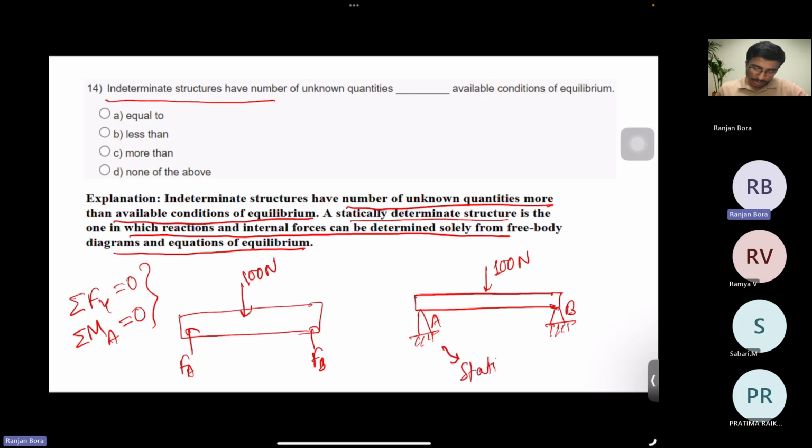If in this structure we get one more unknown, then we'll have three unknowns but only two equilibrium conditions. That condition is known as statically indeterminate, where the number of unknown quantities is more than the number of available equilibrium conditions.